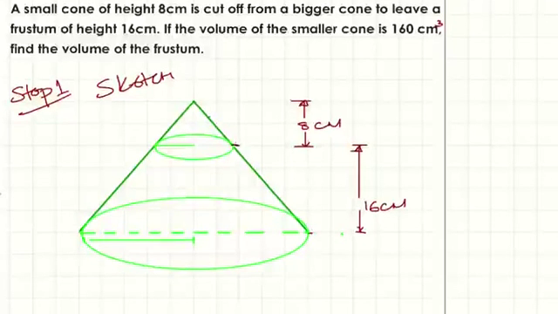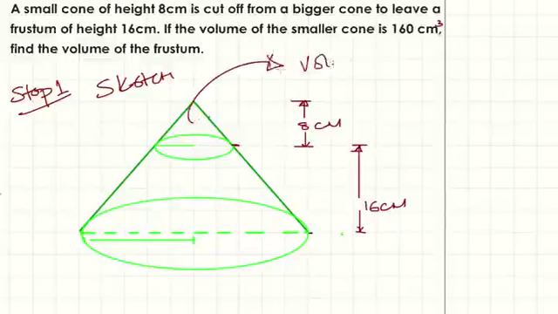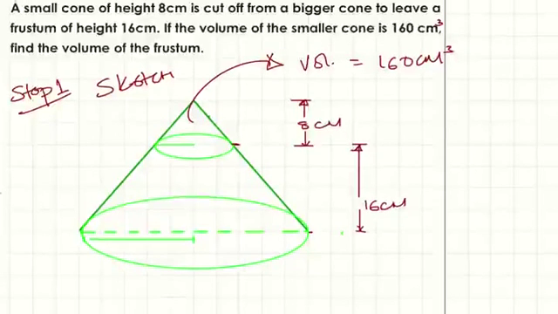We are also told that the volume of the smaller cone is equal to 160 cubic centimeters. So what do you note in this kind of question? There are several things I need you to see: bigger, smaller, height of the frustrum and height of the smaller cone, volume of the smaller cone, and the question now is to find the volume of the frustrum.